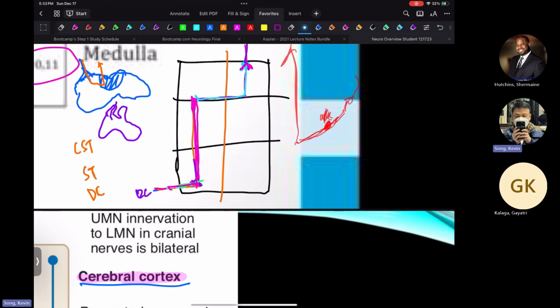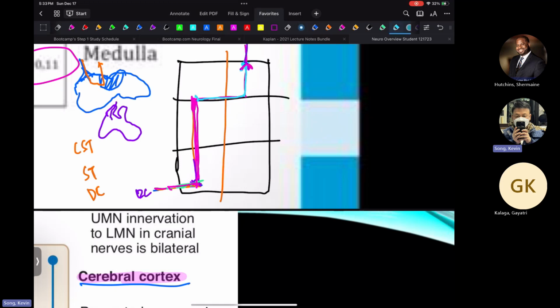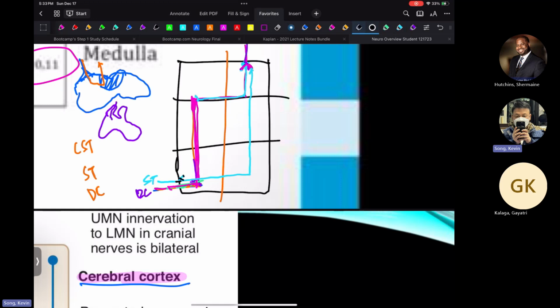In the spinothalamic tract, it switches to the second neuron, the second neuron crosses and goes up, and then in the thalamus it goes to the third neuron. So that's the sensory pathway.